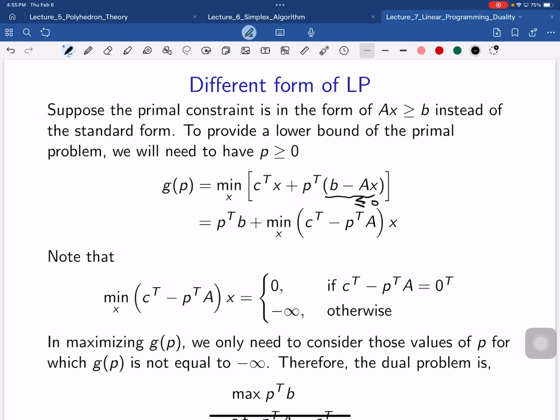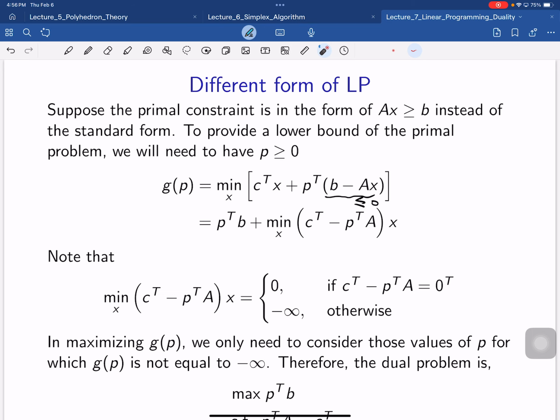So if you want to use the same argument we used before to show this Lagrangian function is always a lower bound, then better pick P to be greater than or equal to 0. Because if you want it to be a lower bound, then this term multiplied by P transpose should be less than or equal to 0.